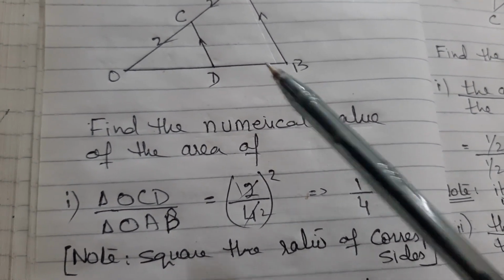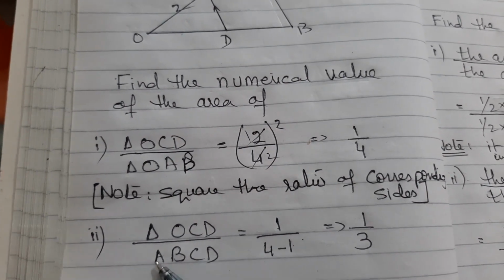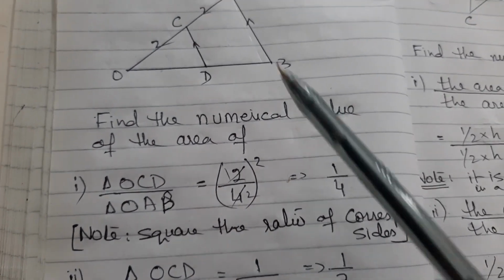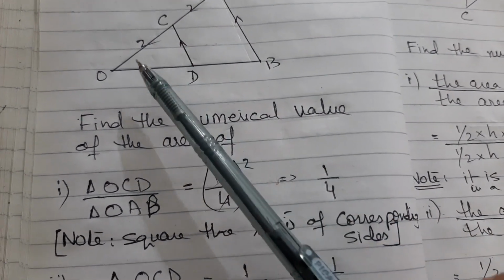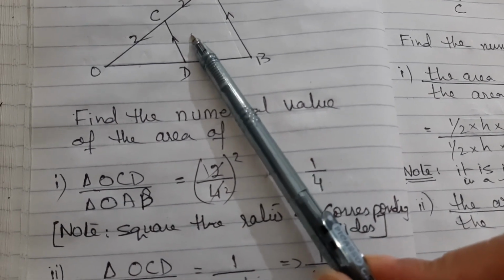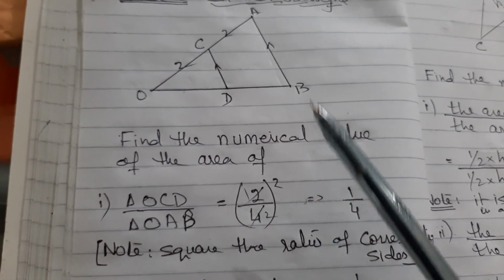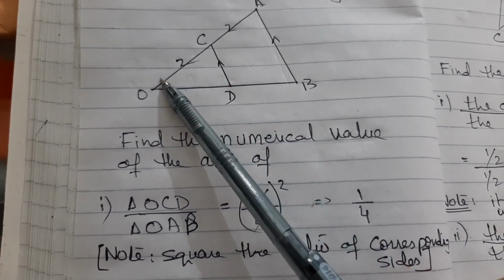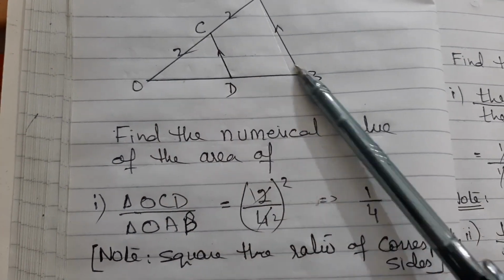Okay, number 2. Whereas if the question says triangle OCD and ABCD, now ABCD is this portion, okay? So now the question is saying what is the ratio of this area with this area. So you have to take help of the similar triangle. In the similar triangle, this area was 1 and this whole was 4.